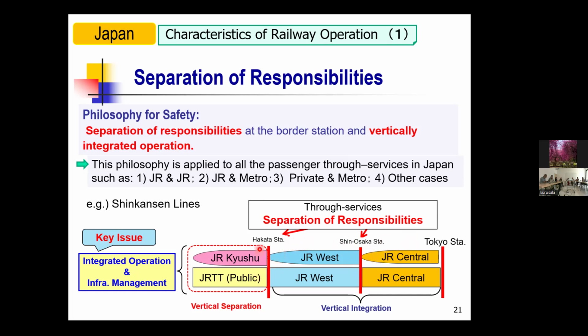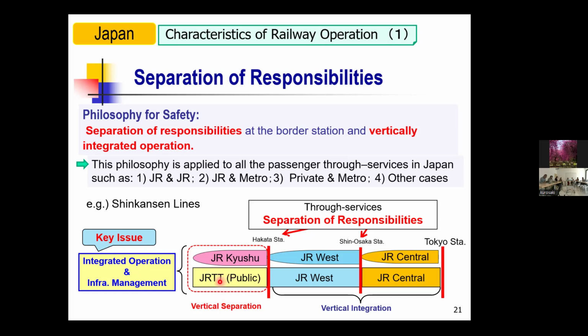Since the Kyushu Shinkansen network was constructed after JNR reform, the infrastructure of Kyushu Shinkansen is owned by the public authority. Therefore, in terms of the ownership of infrastructure, the section in Kyushu forms vertical separation.